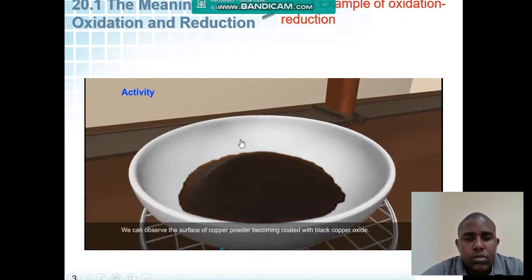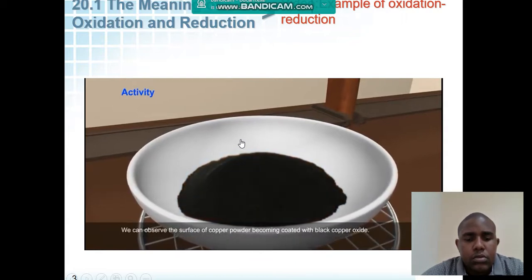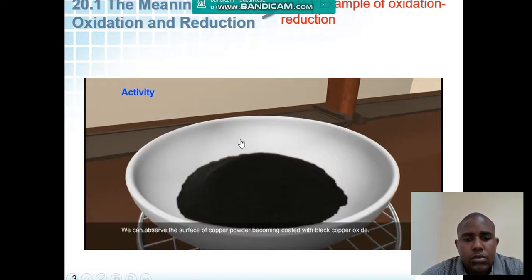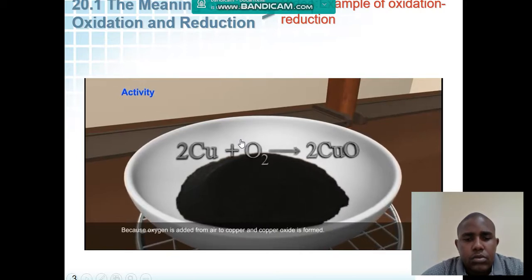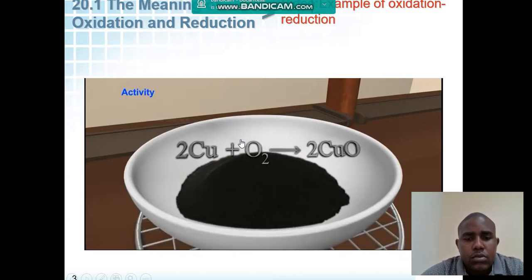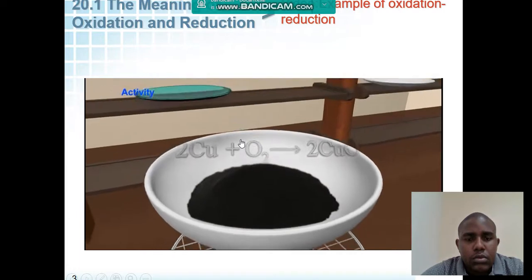We can observe the surface of copper powder becoming coated with black copper oxide, because oxygen is added from air to copper and copper oxide is formed, 2Cu plus O2 gives rise to 2CuO.